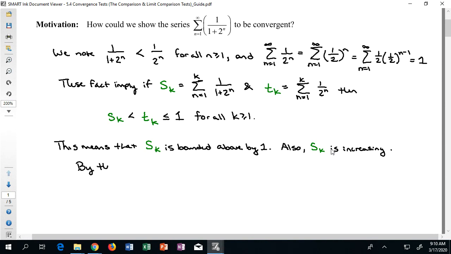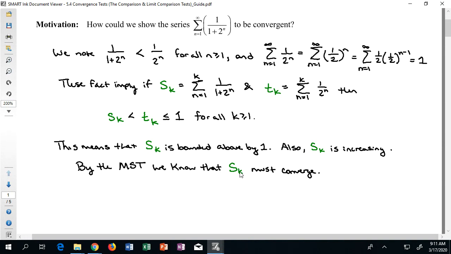By the monotone sequence theorem, abbreviated MST, we know that S sub k must converge. We don't know what it converges to. Remember, MST never told us that, but we do know that it converges.